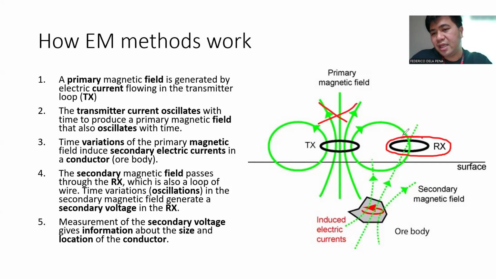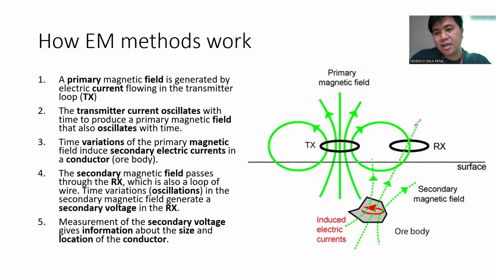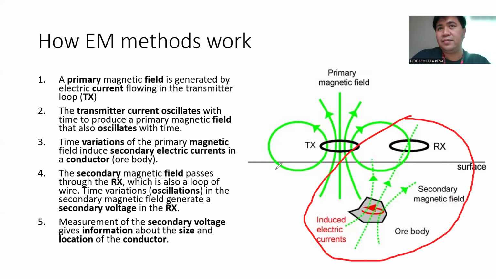It will purely be detecting the magnetic field from the conductive body. So you get to isolate only the signals from the conductive body by turning off the transmitter.